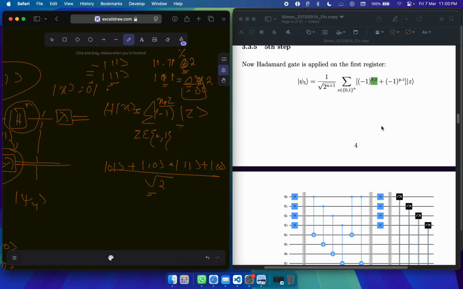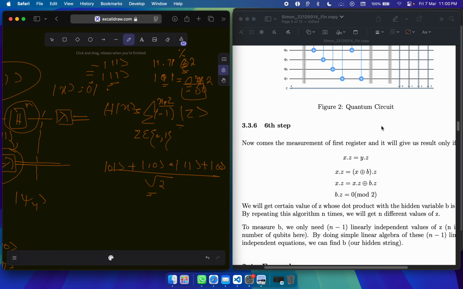Now we simplify this system by doing some mathematical magic here. So x dot z is equal to x XORed with b dot z, because y was equal to x XORed with b, and then z remains the same, right? And then by the rule of multiplication with an XOR, we know that it distributes, so we get x dot z XORed with b dot z, right?